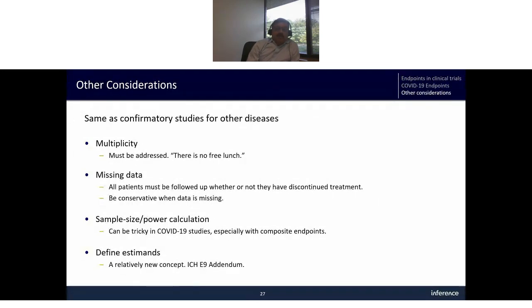Missing data would be a big concern, and this is the usual FDA concern. What happens if data are missing? I always suggest that we have to be conservative in our analysis when the data is missing. So suppose somebody discontinued and you don't know their status, whether they are dead or alive, you'd have to probably assume that they're dead when you do the analysis.